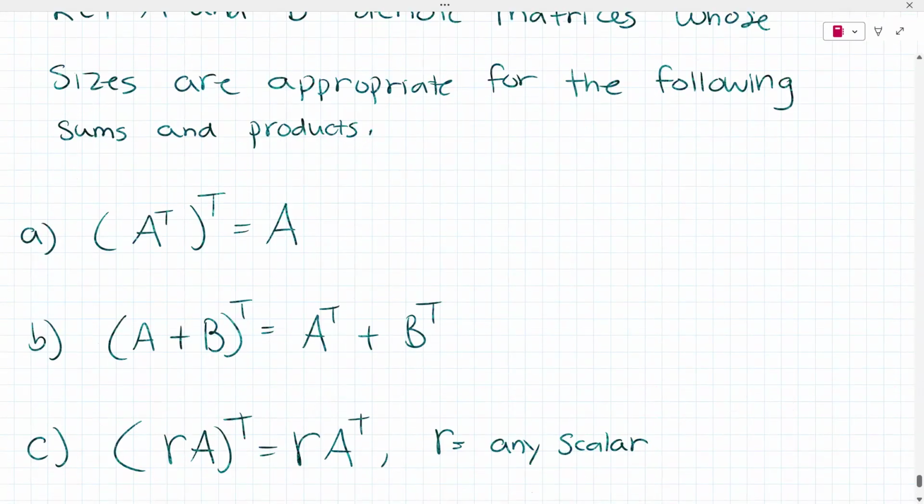If you have A transpose raised to the T, these cancel and you're just left with A. Let's say you had parentheses A plus B raised to the transpose. You just have to raise everything to the transpose. So that's the same thing as A transpose plus B transpose.